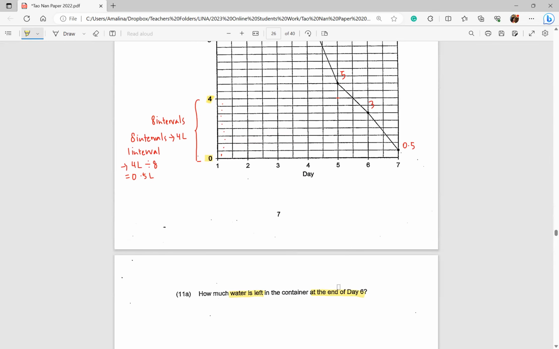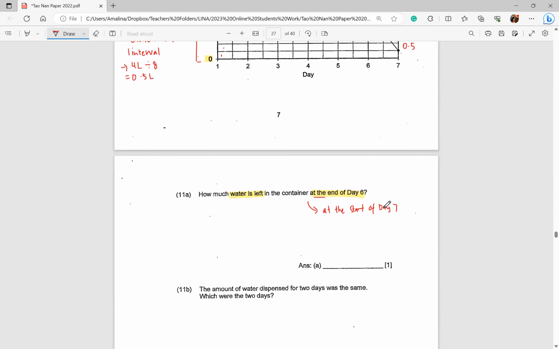But because they say at the end, it must be at the start of day 7. So if I look at day 7, at the start is 0.5 liters. So that's the answer for part A.